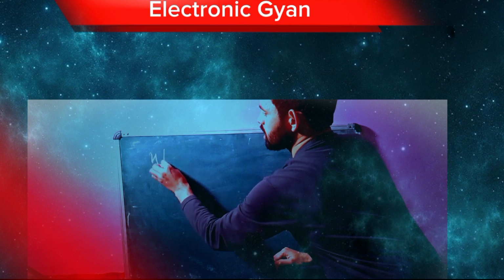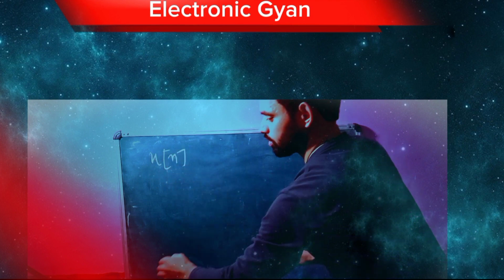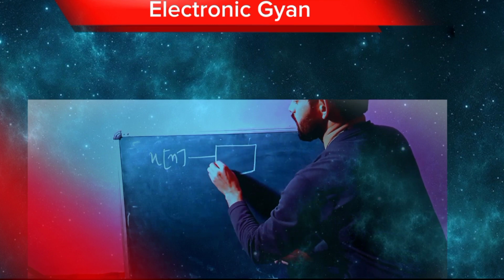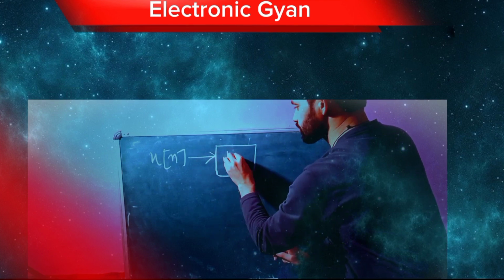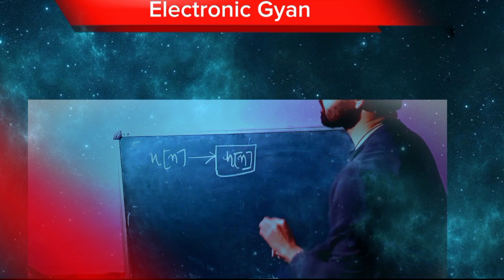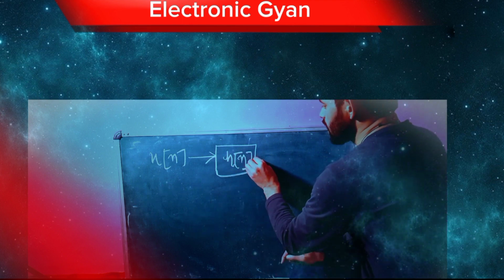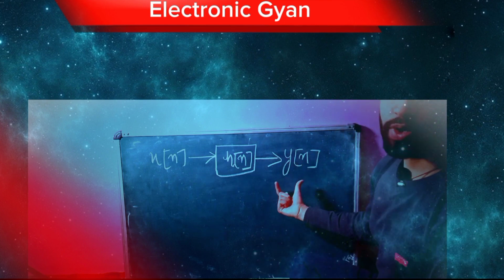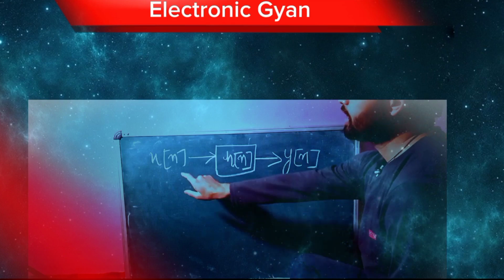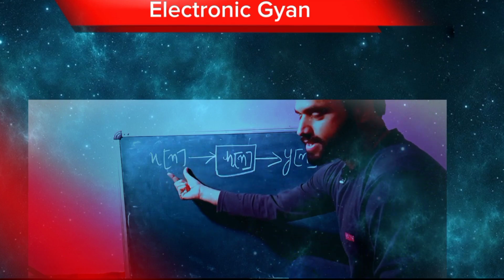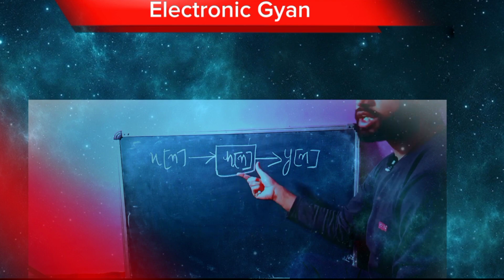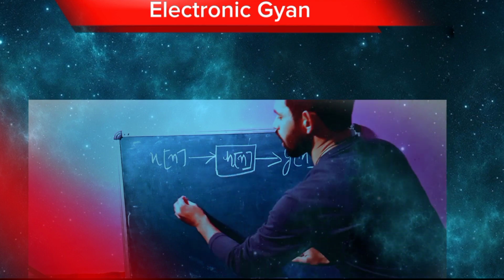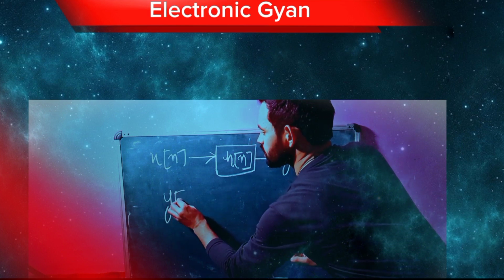Let's say I have an input sequence x of n, and this is applied to a discrete time system whose impulse response is h of n, and here is my output response y of n. In this case the input sequence and impulse response are given. We have to find the output response of the discrete time system. So how to find this output response?